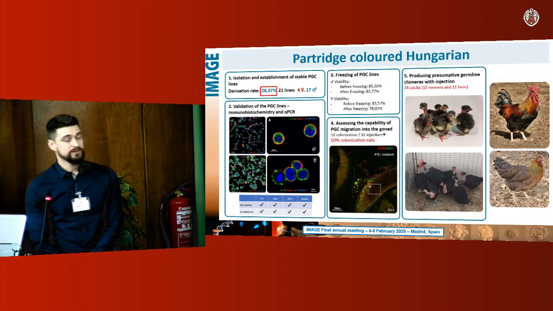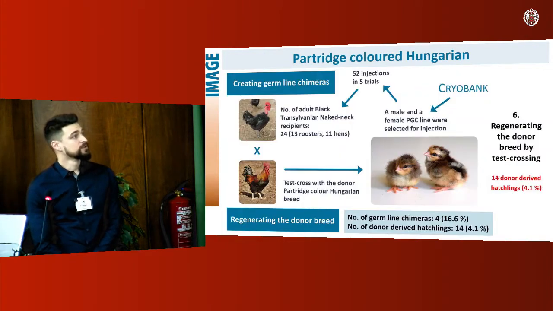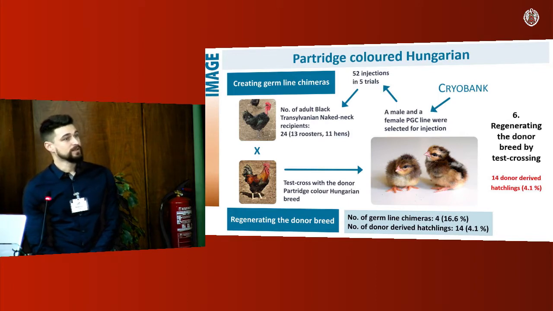And after that, we chose a recipient breed for the partridge color. It was the black Transylvanian naked neck, because the naked neck trait is dominant. So when we did the back crossing with the donor breed, it's easy to select the hatchlings and decide which one is donor derived. So we used cells from our established cryobank and selected male and female cell lines. We did the injection, as Mike mentioned.